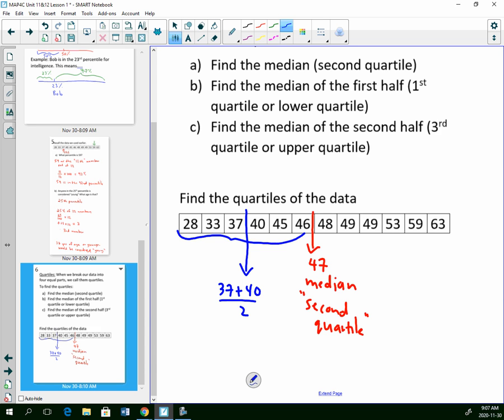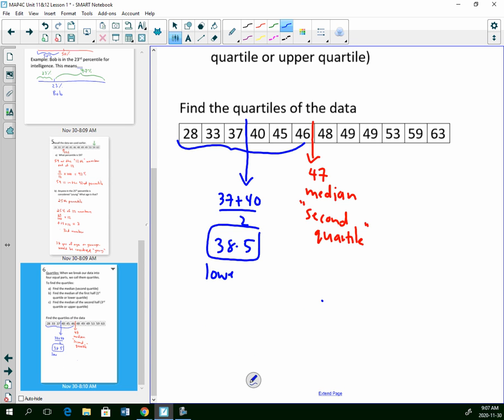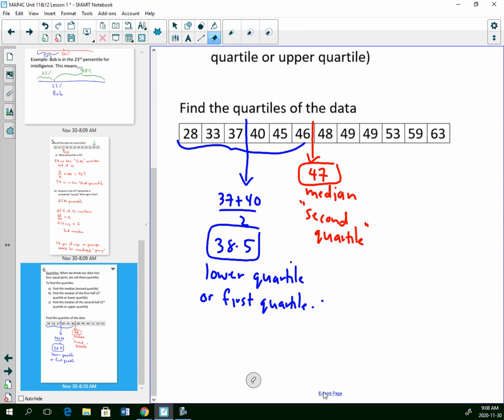So 38.5 is the lower quartile, or sometimes we call it the first quartile. Okay, and then 47 is the median, or the middle, or the second quartile.